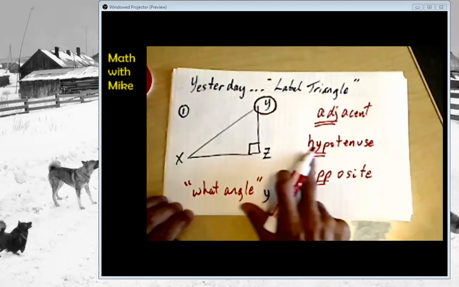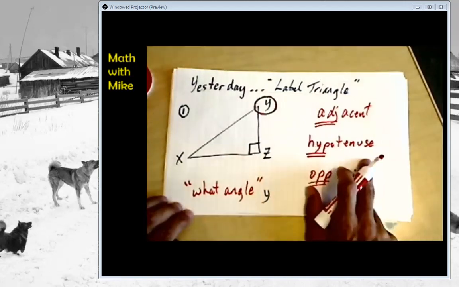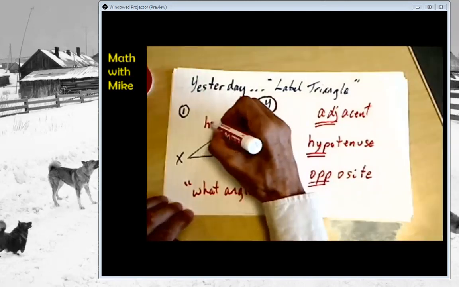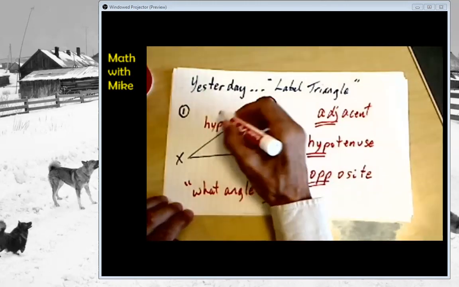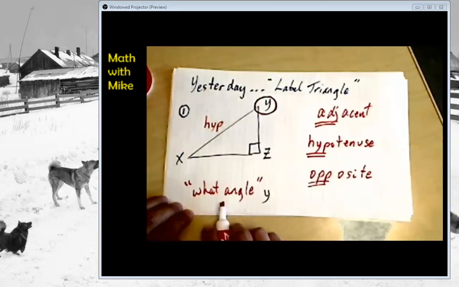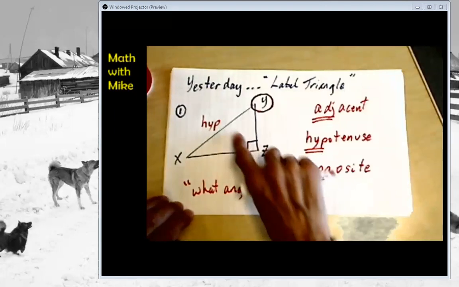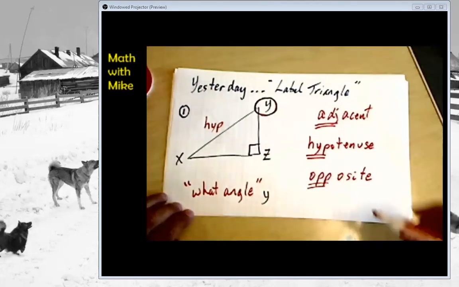Longest word. So it is the longest side. HYP for the hypotenuse there. The 90 degrees points at it. Okay, so that one's done.